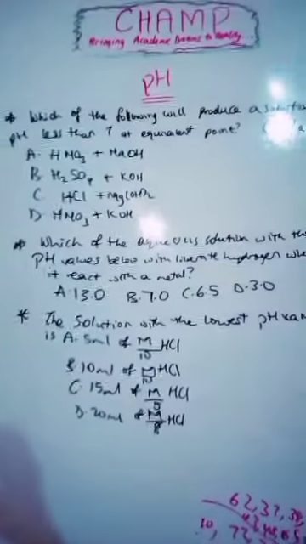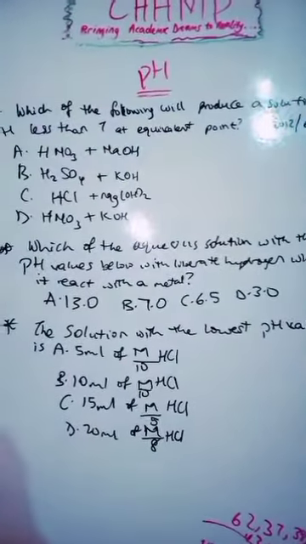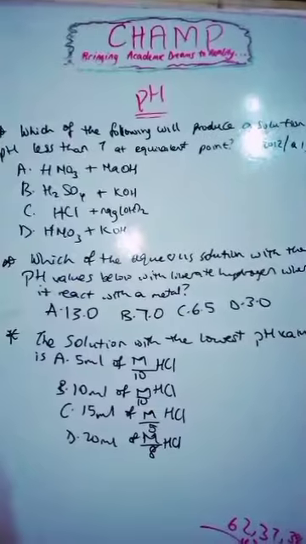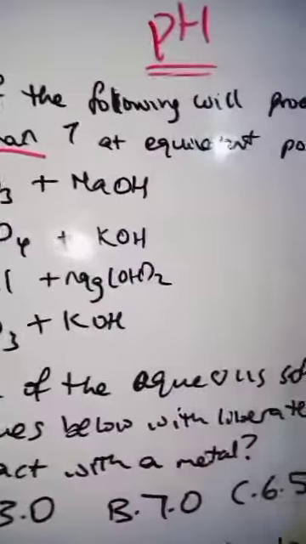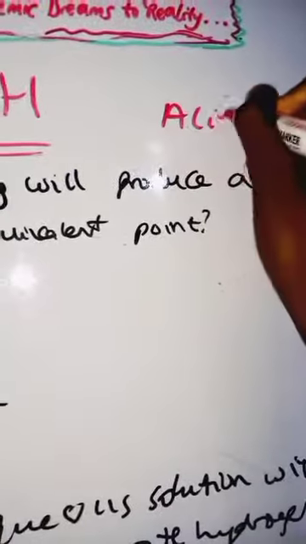Yes, let's move on as we start with these 3 questions. You have a question from 2012, question 19. Which of the following will produce a solution with a pH less than 7? pH less than 7 means we are looking for an acidic solution. So let's check for the acidic solution here.